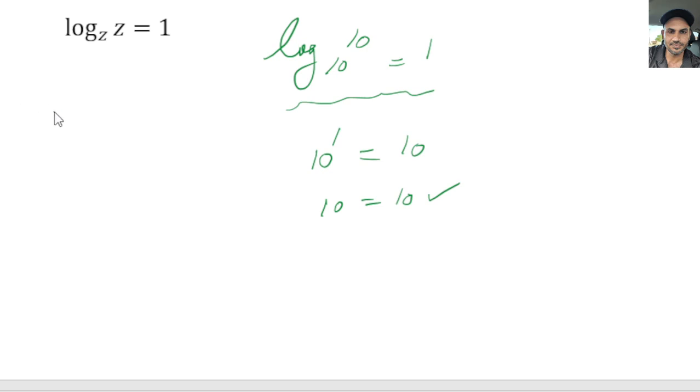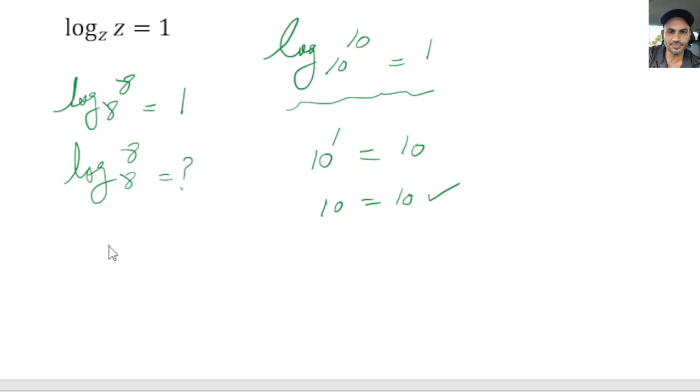We have a log of 8 with base 8, that should also be equal to 1. Okay, so if we just evaluate this expression, log of 8 with base 8, what is that equal to?